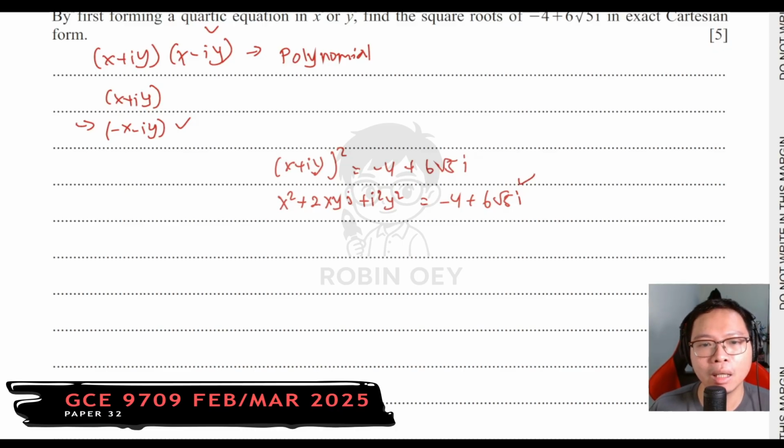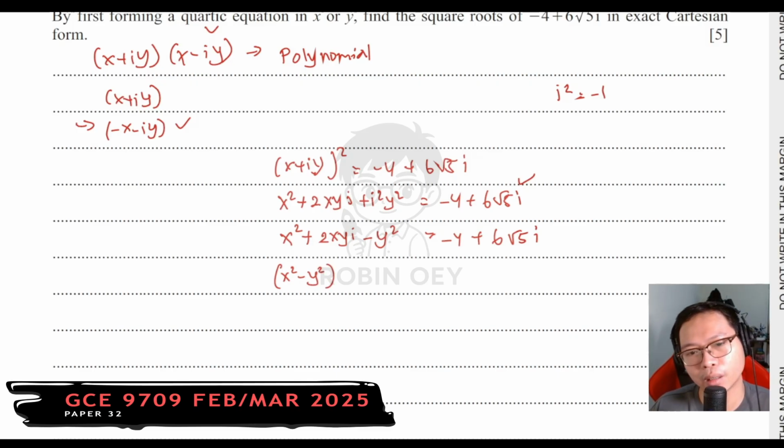We have x squared and 2xy. Since i squared equals negative 1, this will become negative y squared. So x squared and y squared would be the real part of the equation, and the second part 2xyi would be the imaginary part.